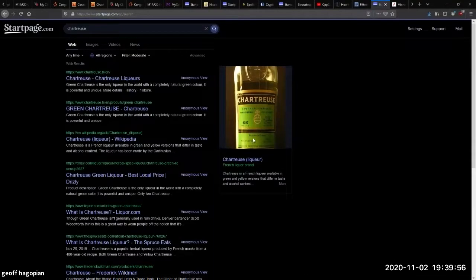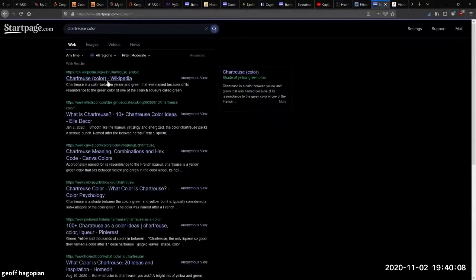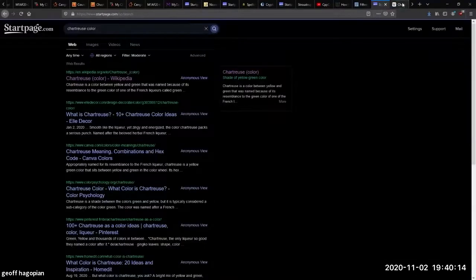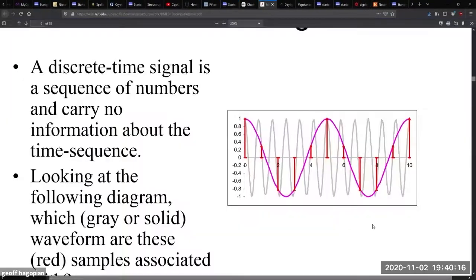Yeah, it's a kind of liquor, but it's also a color, right? I think the liquor is called that because it's got that kind of color. And if we go to Wikipedia, yeah, chartreuse is this green kind of color. All right, sorry, distraction. So back over here.